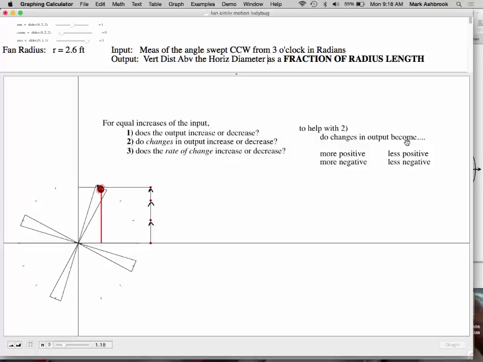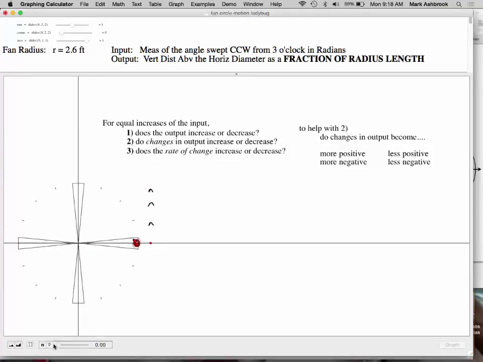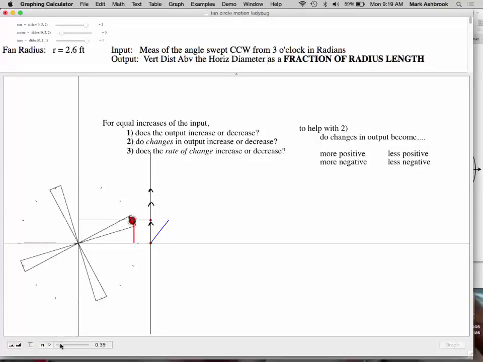So if we were to sketch this graph, here's what we would see. Change in angle, change in vertical distance. Next change in angle.